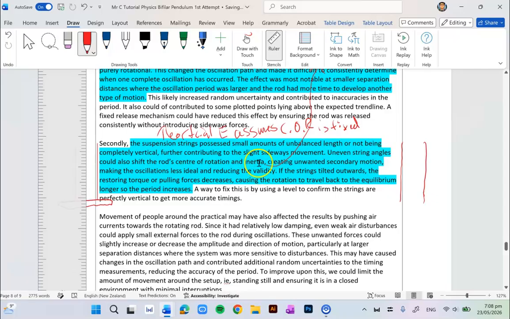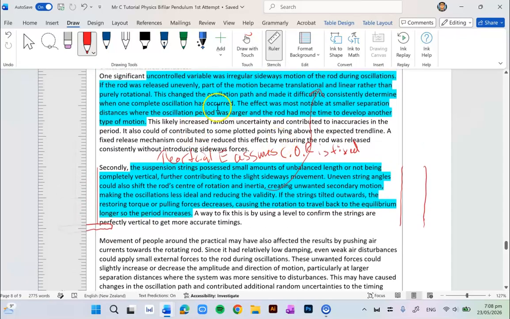And inertia is just basically how easy something can rotate. So if it's got a higher inertia, it's going to spin slower, which is going to increase the time period. So therefore your data points are going to be slightly higher above the trend line. And if you've got a lower inertia, the opposite's going to happen.